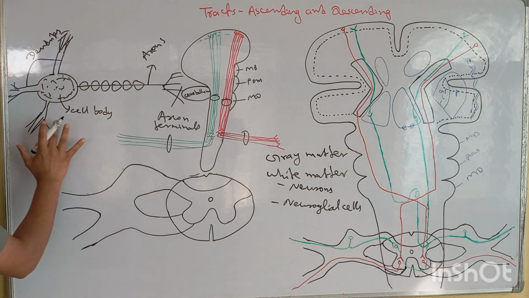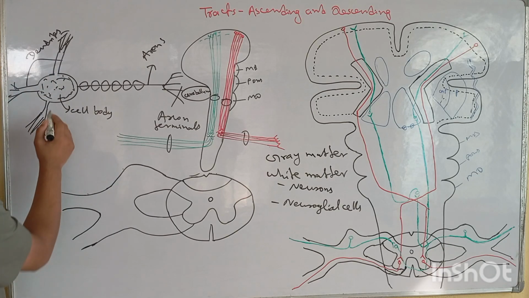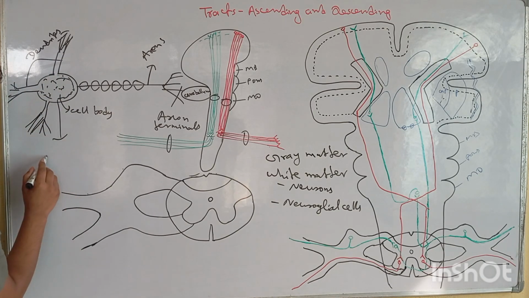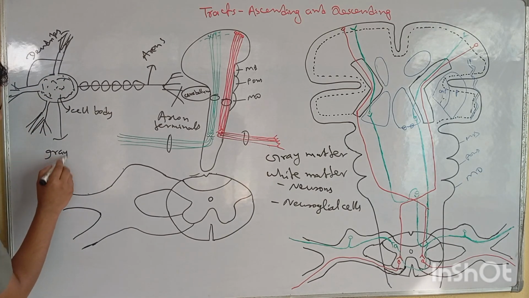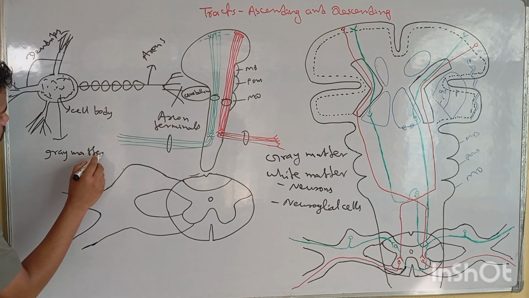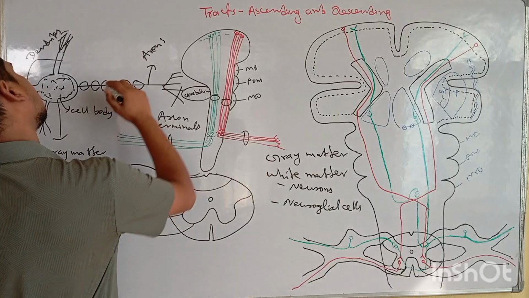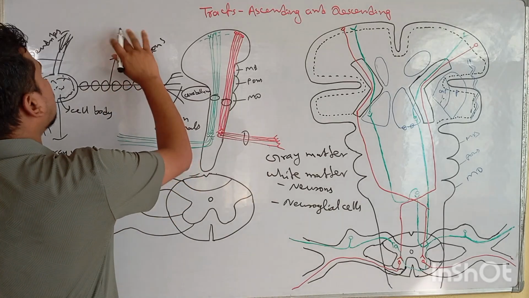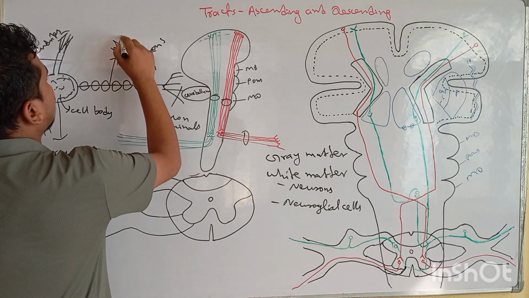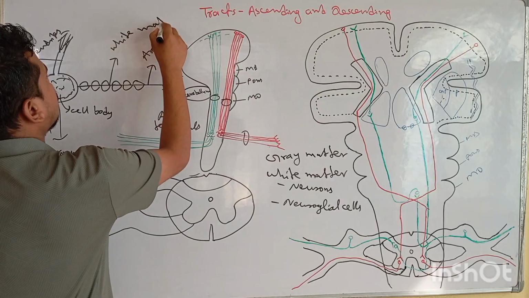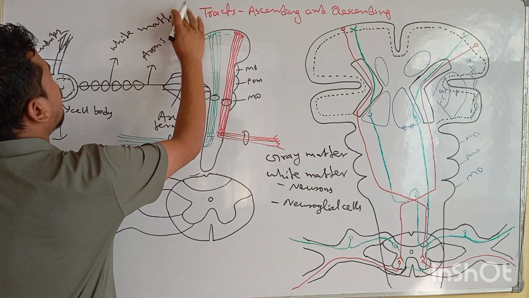So dear friends, this collection of cell bodies will be called the gray matter, and the axons will form the white matter.